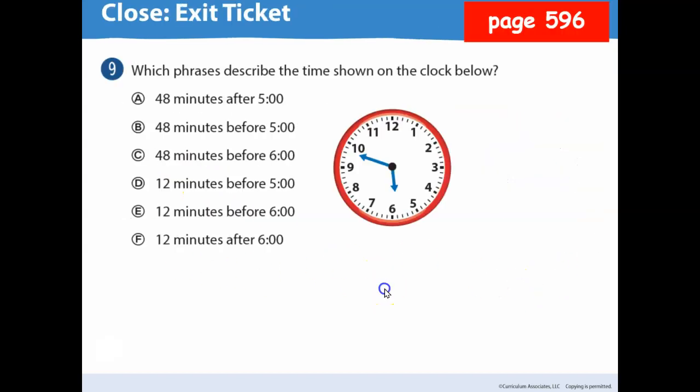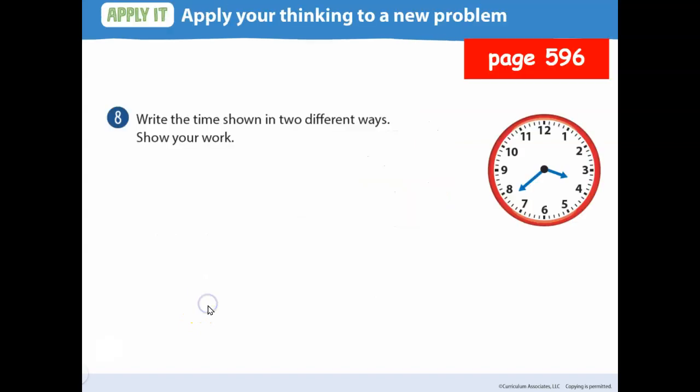It says what time? Write the time shown in two different ways. Well, what time's on the clock? I'll give you a minute or two and then just tell me. All right. If you look at the hour hand, it's between the 3 and the 4.